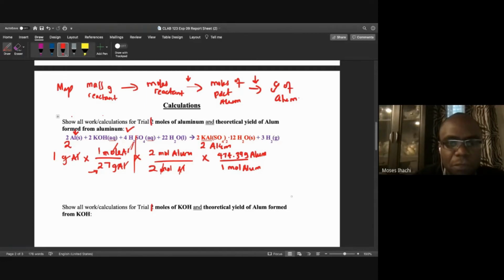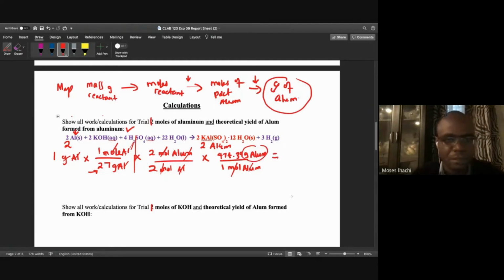We put 2 moles of aluminum down because we want the units to cancel out. Next, we need the grams of alum, so we multiply the moles of alum by its formula weight. 474.39 grams of alum is equivalent to 1 mole of alum. These units are going away. Now we are left with grams of alum, and that's what we want.